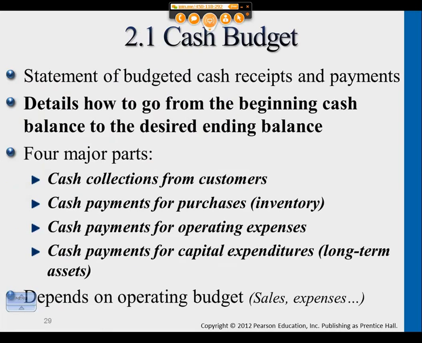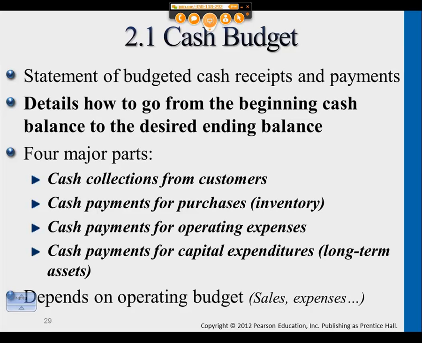So let's look at the first, cash budget. That's receipts and the payments, right? What we see on this budget are all the details of how to go from our beginning cash balance to the targeted, desired ending cash balance.